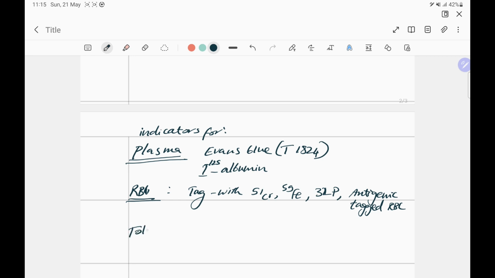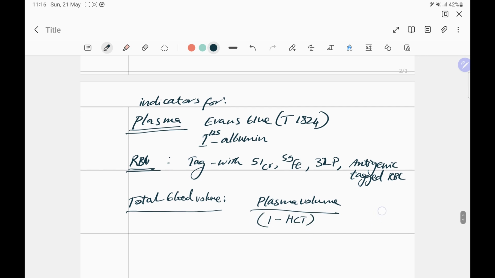Same thing with total blood volume. What I can do for this is I can calculate total blood volume equals plasma volume divided by 1 minus hematocrit. Now how is this? This is mathematics. It's easy.